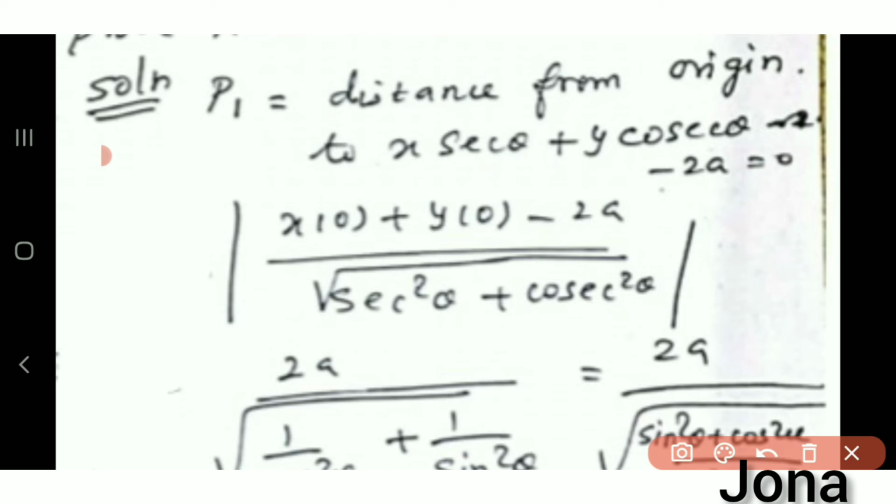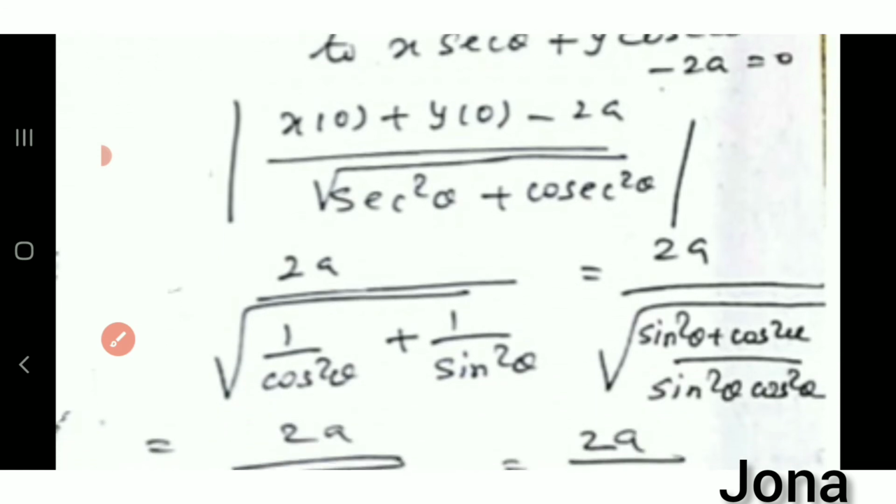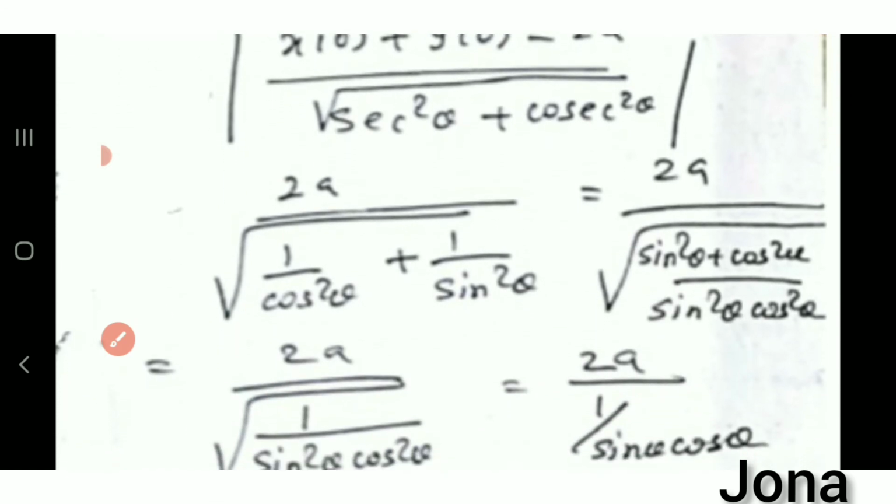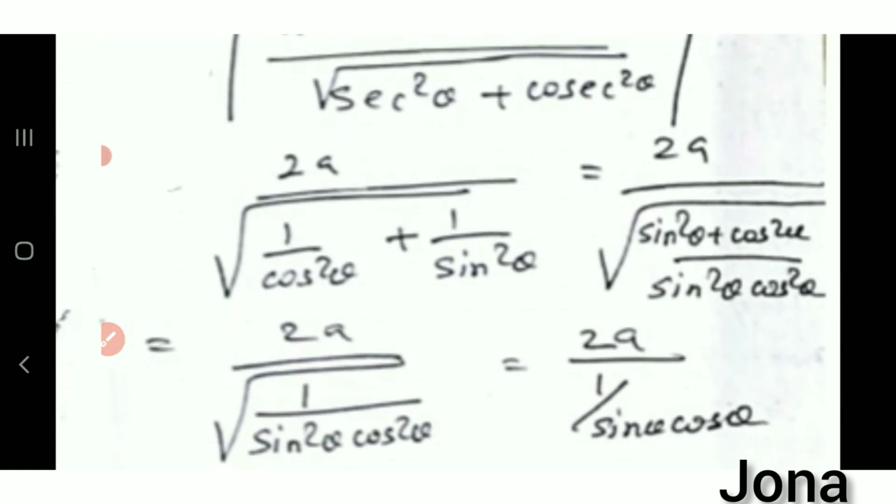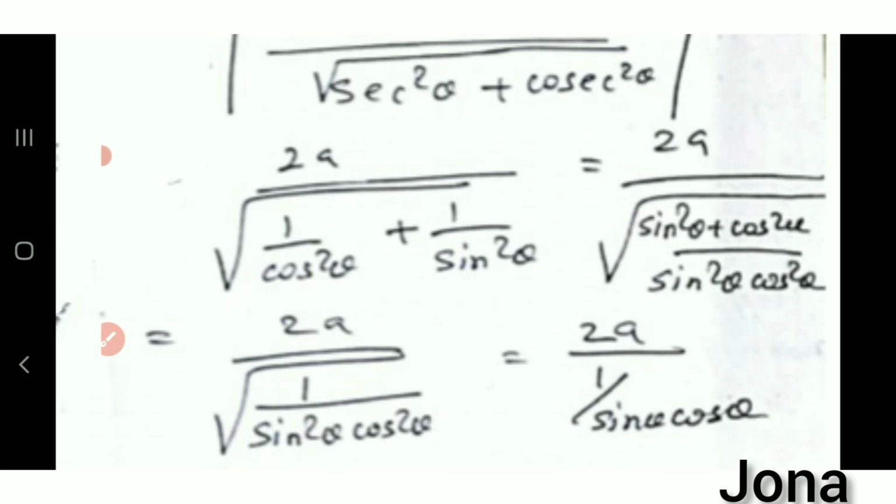So minus 2a divided by root of secant square plus cosecant square. That secant square we can write as 1 by cos square, and cosecant square can be written as 1 by sin square. If we take that LCM, we have sin square plus cos square theta divided by sin square theta cos square theta. And sin square theta plus cos square theta value is 1.